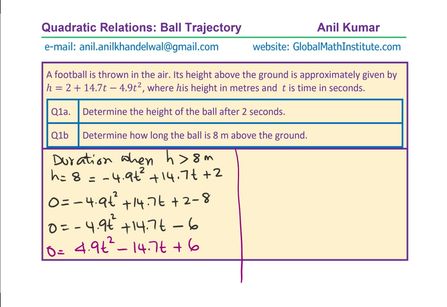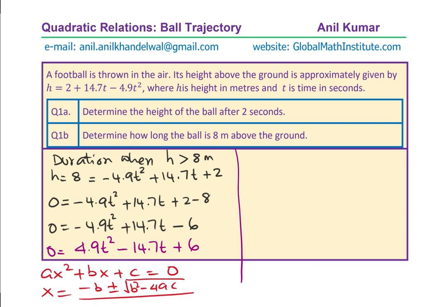And you also remember the formula to calculate this. If we have ax squared plus bx plus c equals 0, in that case, x is what? x is minus b plus or minus the square root of b squared minus 4ac, over 2a, right? So that is the formula which we are going to apply.